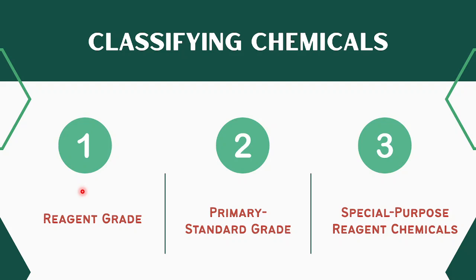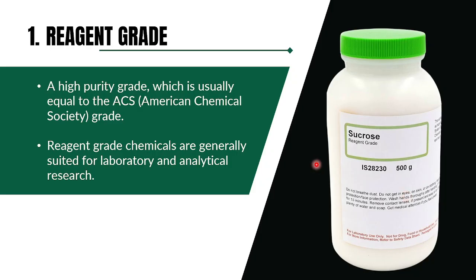We have first the reagent grade, the second we have primary standard grade, and we also have the special purpose reagent chemicals. Now, reagent grade, this is a type of chemicals with high purity, and they are usually suitable for analytical laboratory use.